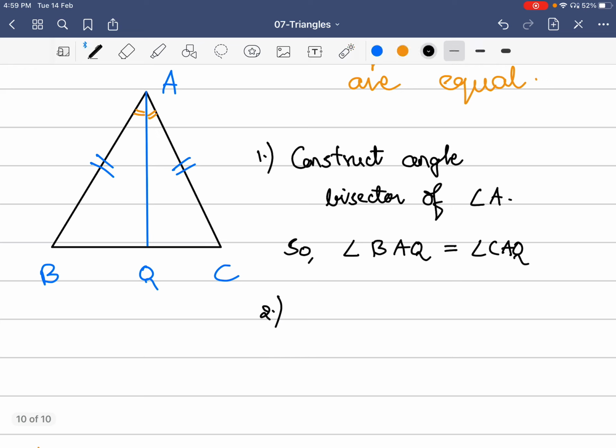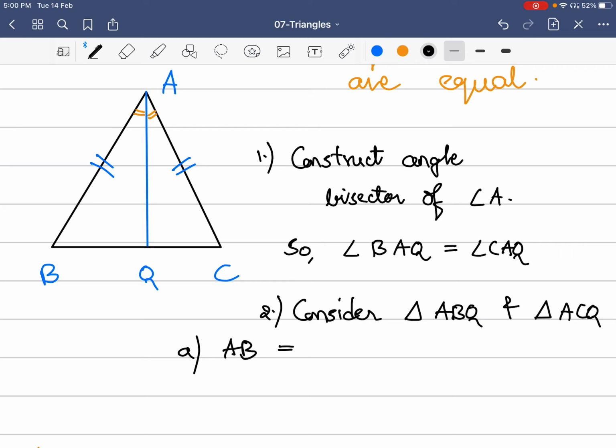So the next point that I want to write: consider triangle ABQ and triangle ACQ. In these two triangles, the first point is AB is equal to AC. Why? Because it's given.